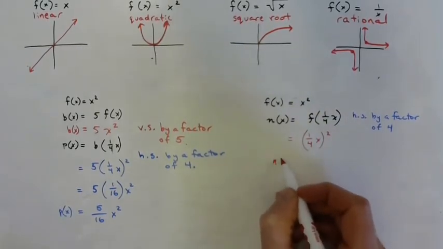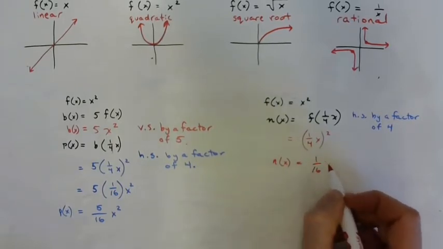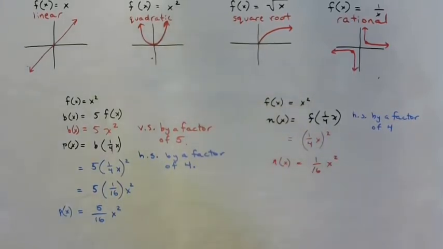Okay, so n of x is 1/4 x squared, which is 1/16 x squared.